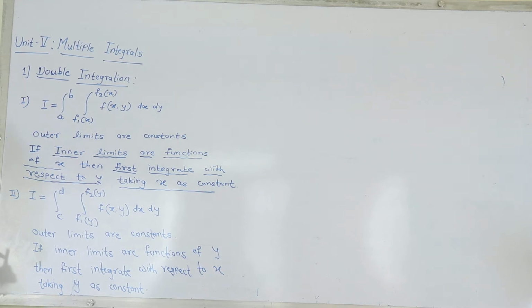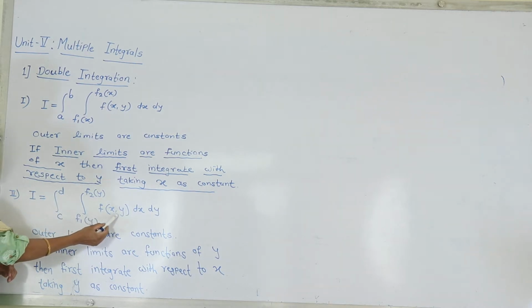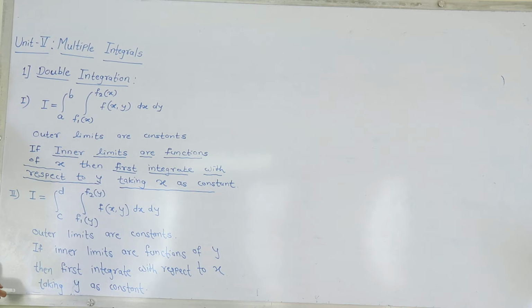And then the second form is I equal to the integral with outer limits from c to d, where c is a constant and d is also constant. Inner limits are f1(y) to f2(y), that means these are functions of y, of f(x,y) dx dy.